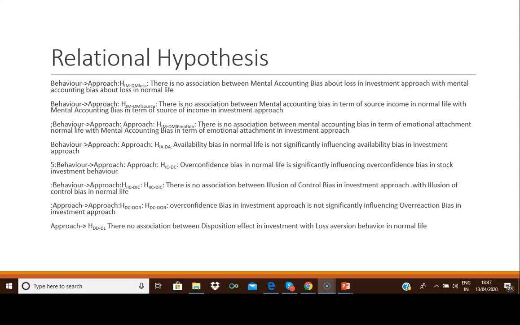So this is the way, on the basis of the theoretical framework, we are preparing the research model, and on the basis of research models, we are framing our hypotheses which we want to test in our further research. So this is all about the research model framing and framing of your research hypothesis.